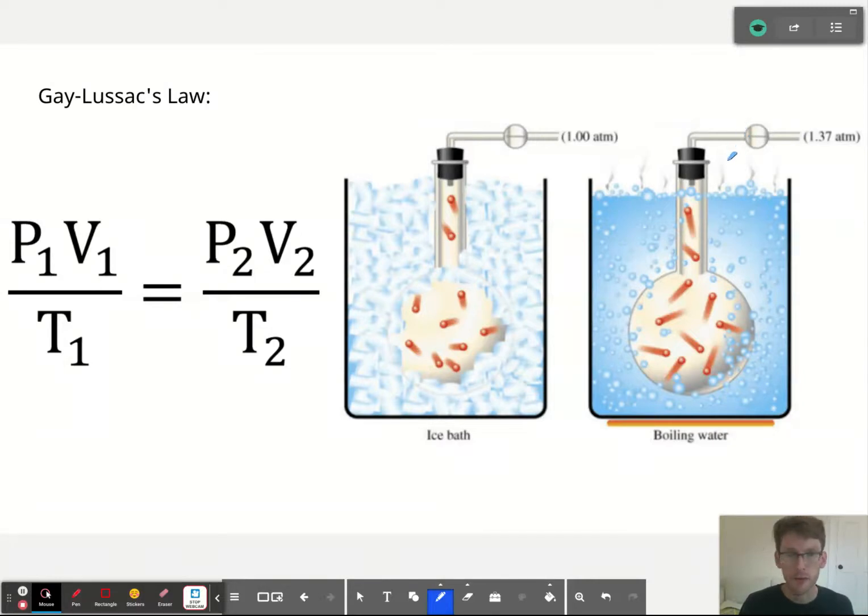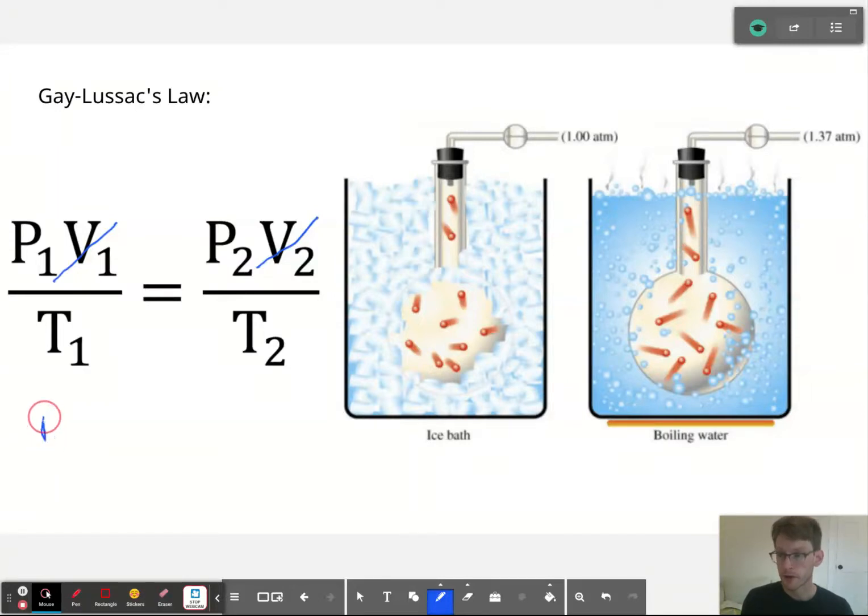The molecules move faster, they collide harder with the container, so the pressure increases as they are getting hotter. This is done at constant volume because the flask is not changing in size. So our V2 and our V1 are taken out, and we get P1 over T1 equals P2 over T2.